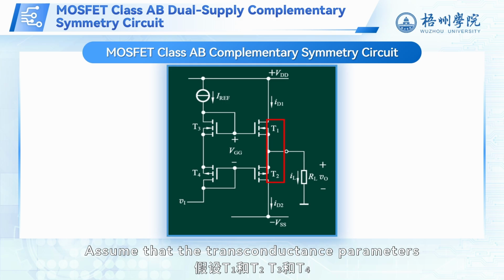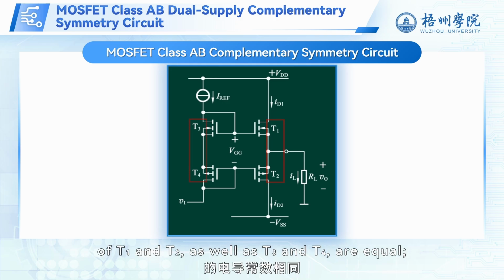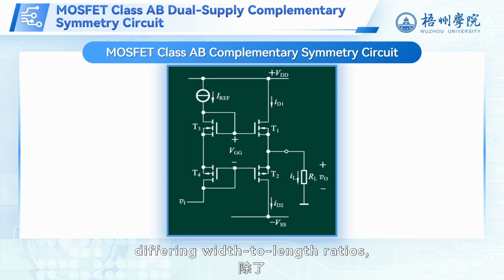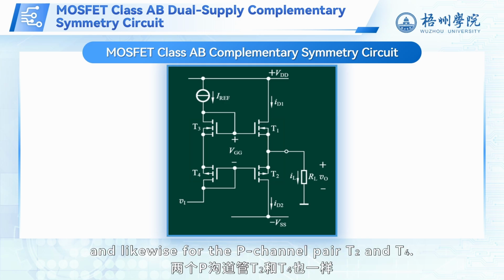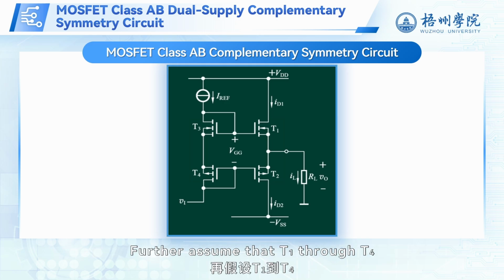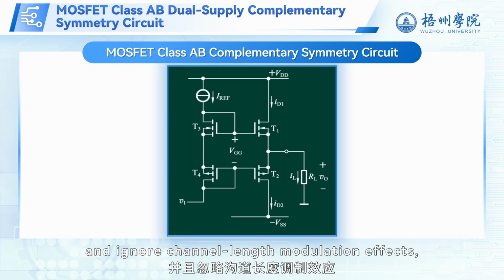Assume that the transconductance parameters of T1 and T2, as well as T3 and T4, are equal, and that apart from differing width-to-length ratios, T1 and T3, both n-channel, share the same parameters, and likewise for the p-channel pair T2 and T4. Further assume that T1 through T4 operate in the saturation region and ignore channel length modulation effects.